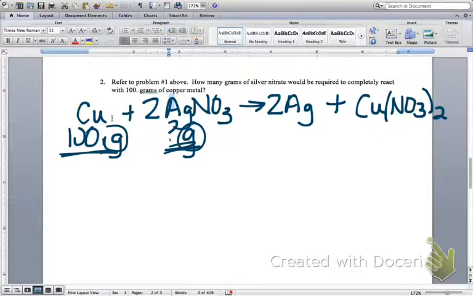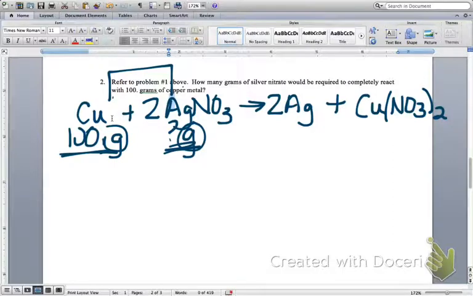Okay? You got it. So I know that I can't go from one substance to the other in the gram unit. The only way I can convert between one substance and another is to be in what unit? What unit do I need to be in to go from one to the other? Moles.